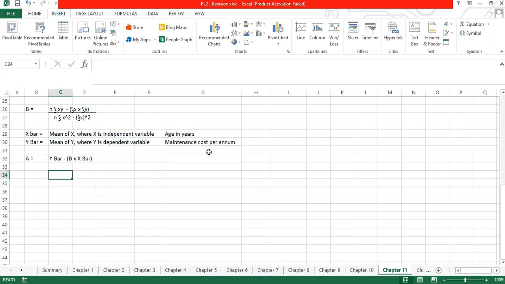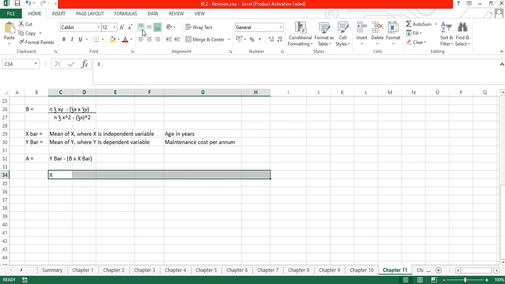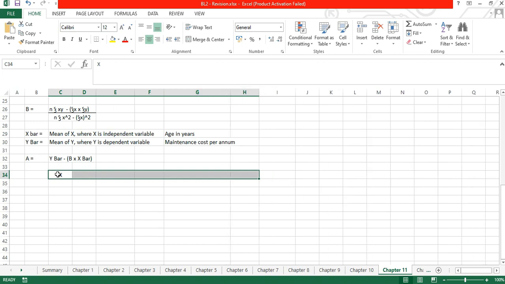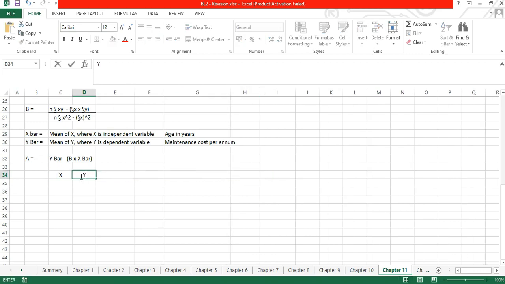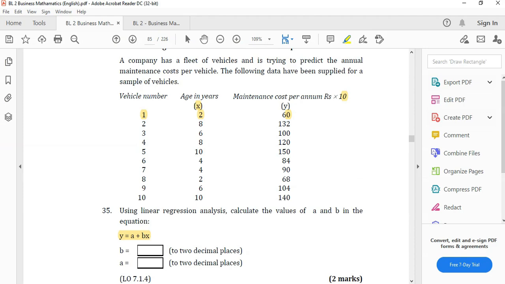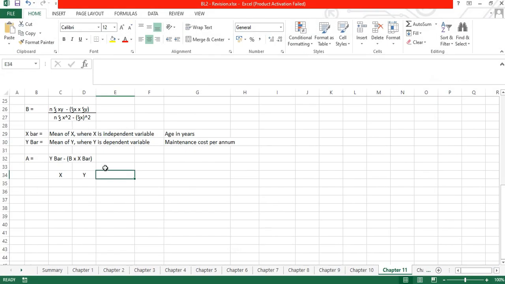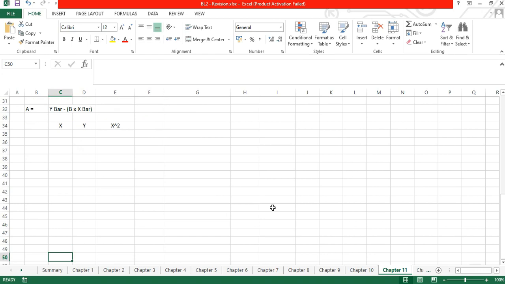So, let's put up the data: x, y, xy, and then we need x to the power 2. So everything is put in a table format so that it is easy for you to calculate at one time, and then you can basically substitute the values. So that's fine. So let's put in the figures.